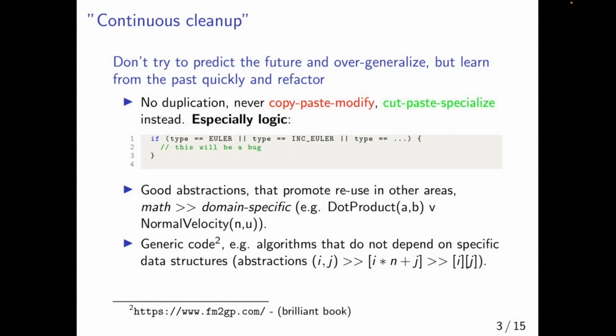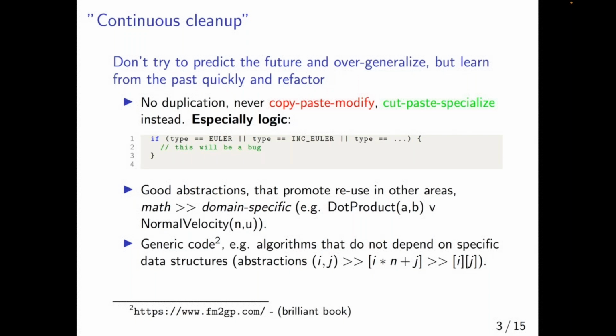They do the same thing, but you're not going to be inclined to reuse something called normal velocity somewhere where you are dealing with geometry and not with flow quantities. You can still call your variable normal velocity, that's good variable naming, but the function is a dot product.